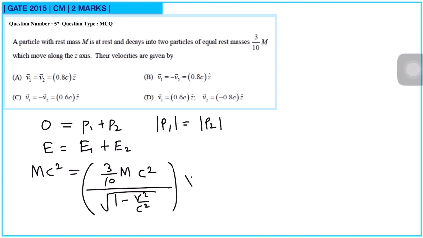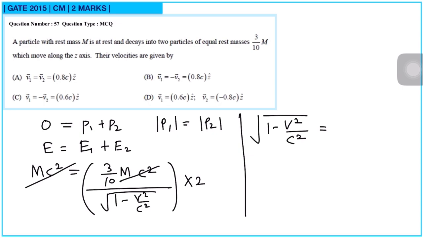This will be the energy of one particle, so into 2. So this mc square will cancel and you will get root of 1 minus v square by c square is equal to 3 into 2 is 6 by 10, which is 3 by 5.